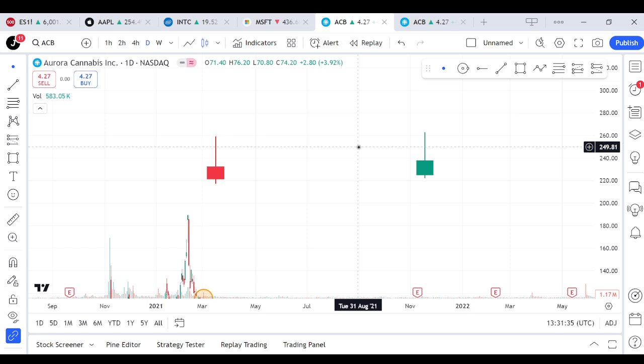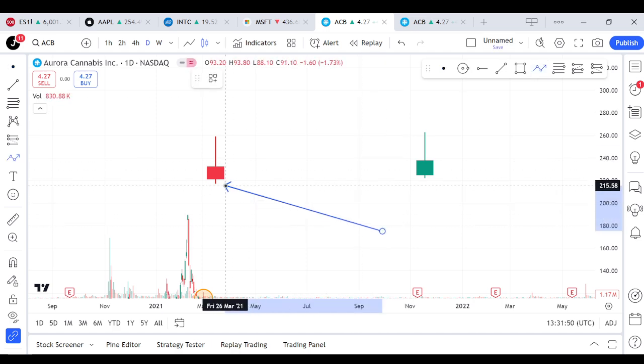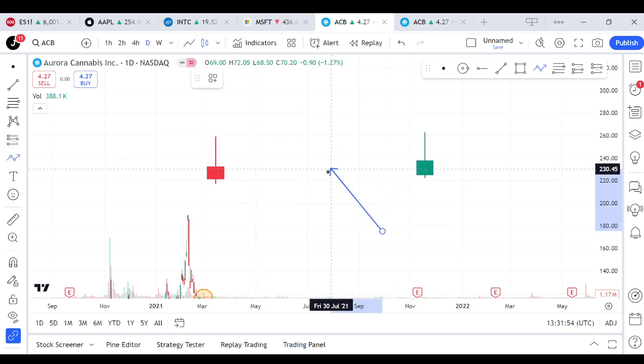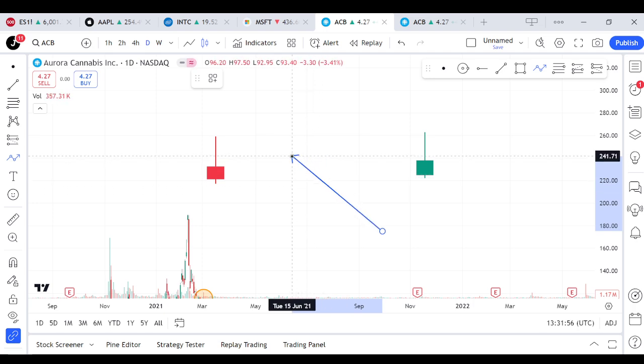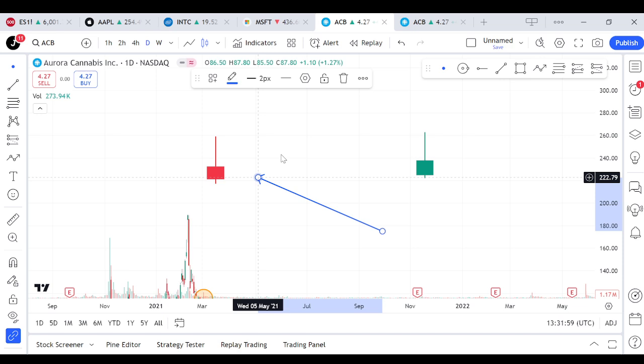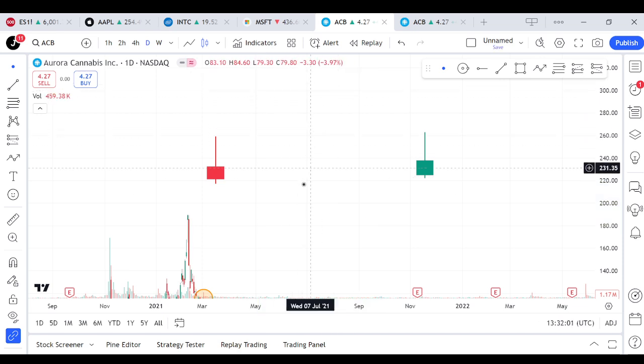It features a small body at the lower end of the trading range, a longer upper shadow or wick at least twice the length of the body, and the last characteristic is little to no lower shadow or wick. It can be bearish or bullish, but the context is that it should be spotted in a downtrend and used for continuation.